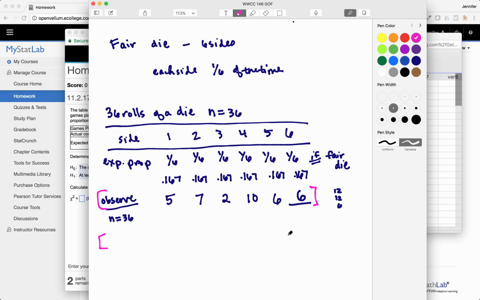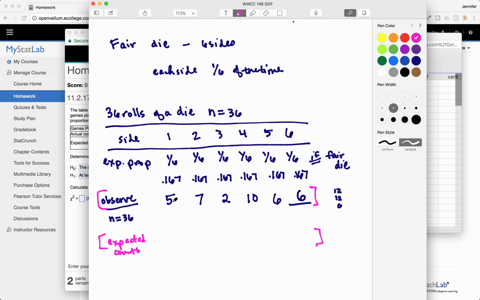So I'm going to make another row here. These are the expected counts. The reason I want expected counts is that I can't compare a 0.167 proportion against a 5. Those numbers are really different and they don't make sense because they're the wrong units. One of them is a percent, the other one is a count.